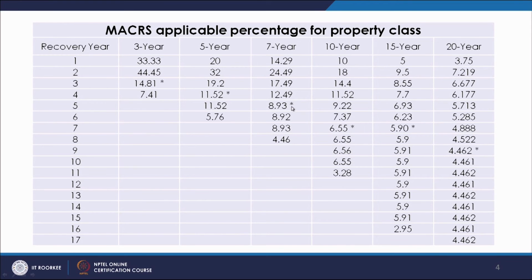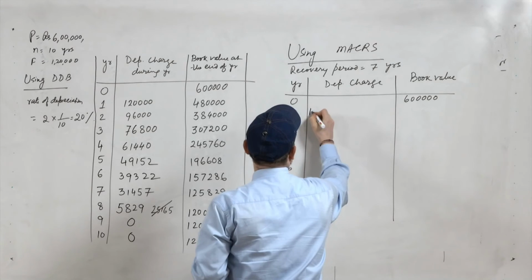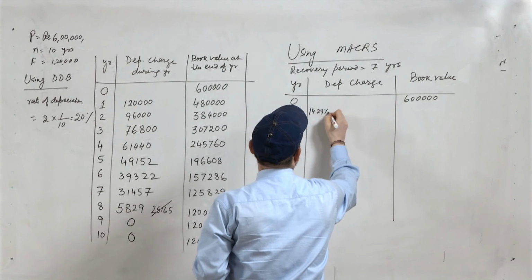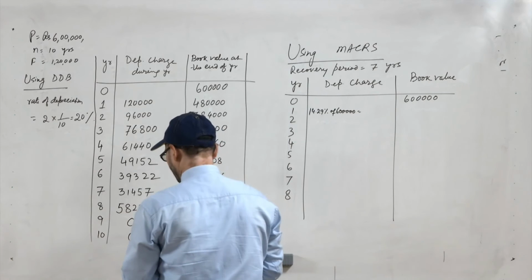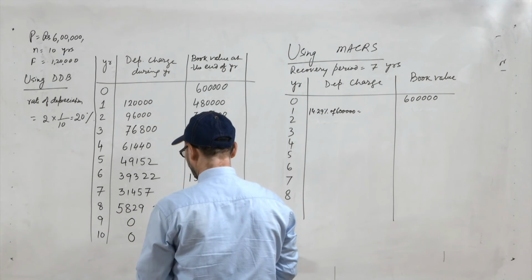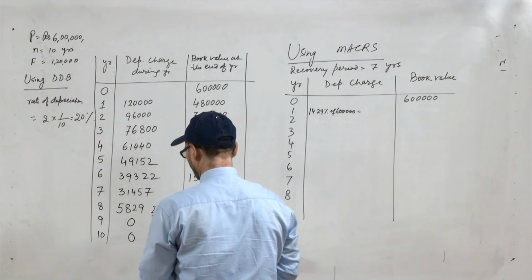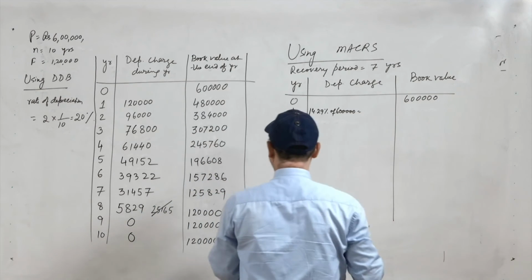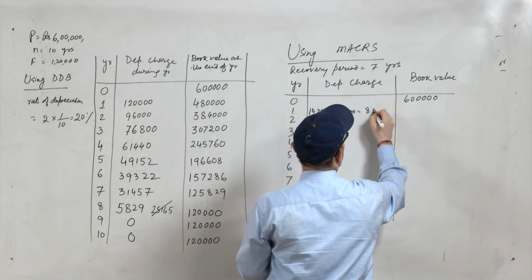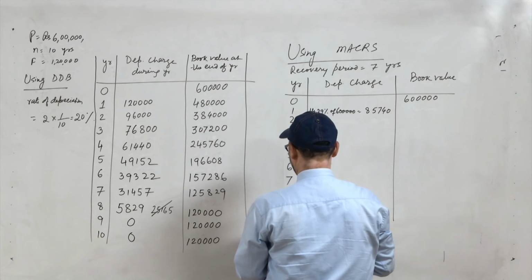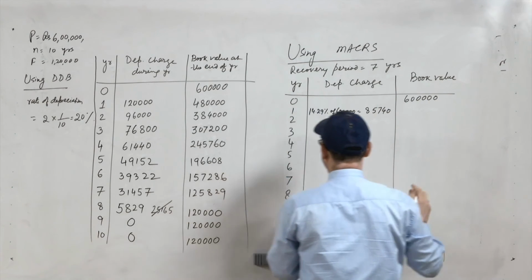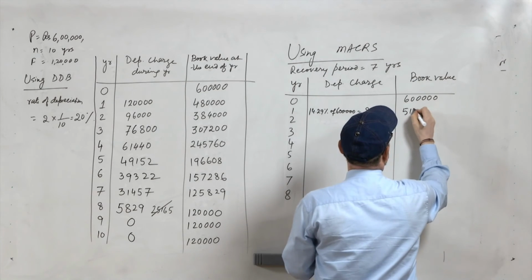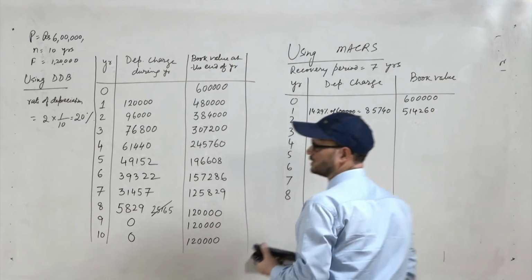So, in the first year it will be 14.29% of 6 lakh. So, it will be 85,740 and you can get 514,260 as book value at the end of first year.